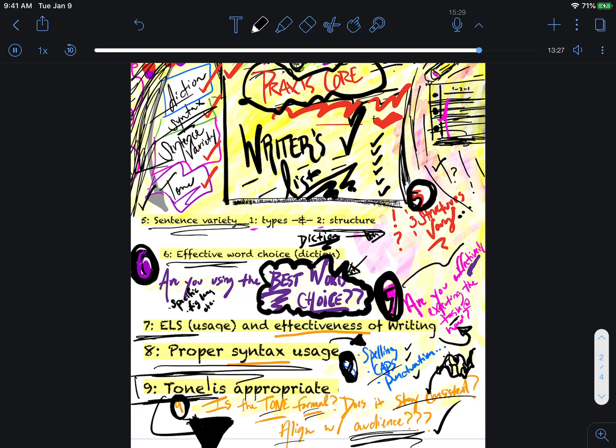So if they do give you some type of prompt that is speaking to a certain audience, your tone can also express some type of attitude you have towards that. If it's about school uniforms, perhaps, or free lunches, they're going to give you some type of topic that has to do with working in schools or issues that are relevant to students or teachers.